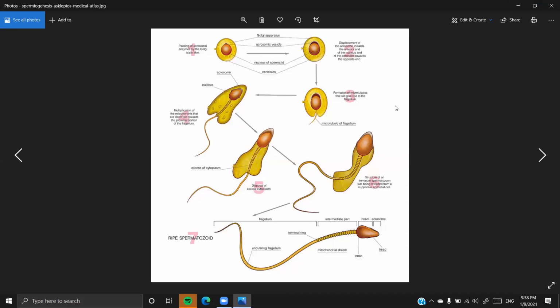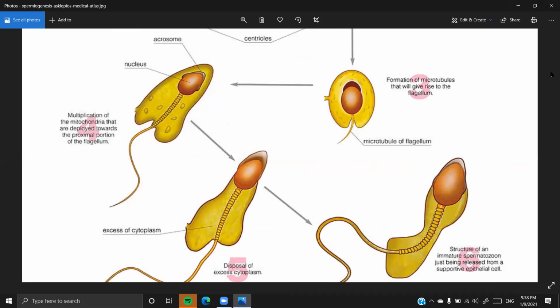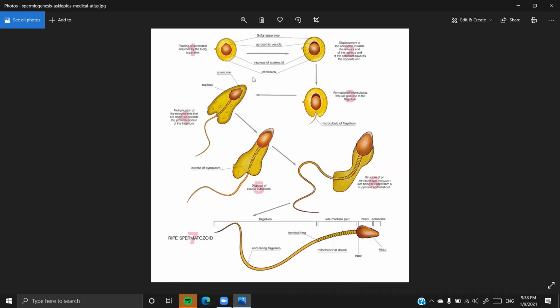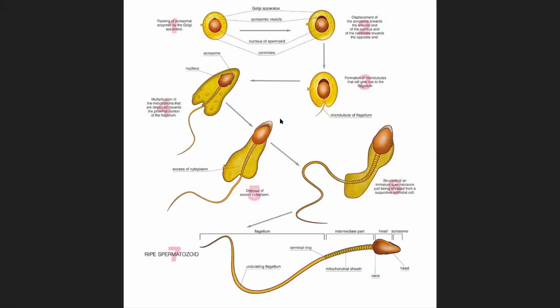So here is spermiogenesis where you can see that firstly, these spermatids slowly are trying to pack the acrosomal enzymes.